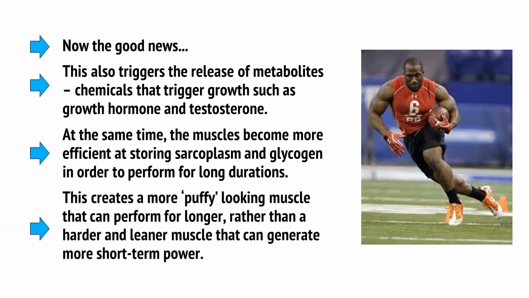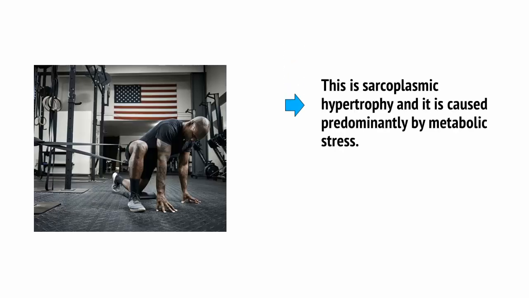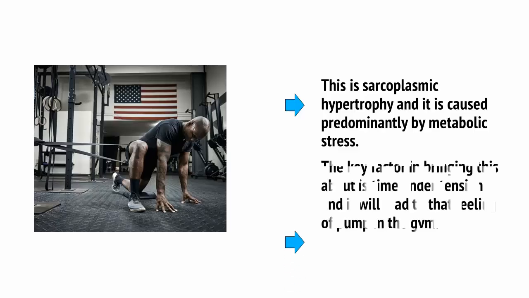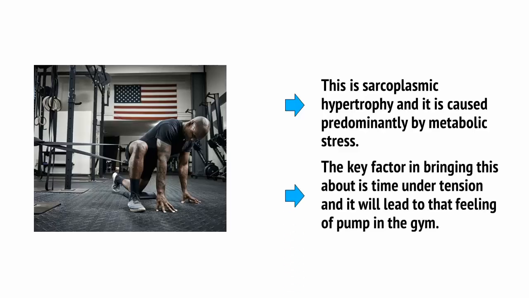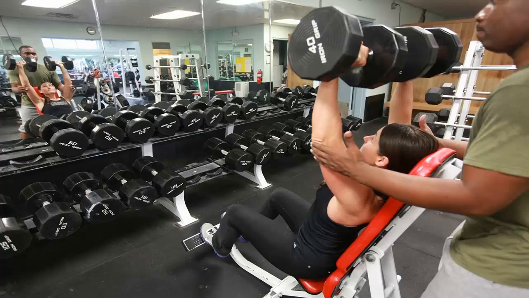This creates a more puffy-looking muscle that can perform for longer, rather than a harder, leaner muscle that can generate more short-term power. So this is sarcoplasmic hypertrophy, and it's caused predominantly by metabolic stress. The key factor in bringing about this is time under tension, and it will lead to that feeling of pump in the gym. Both types are useful, and when you combine both forms of training, you can build more size and power.